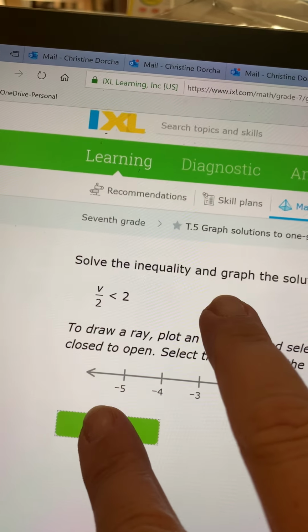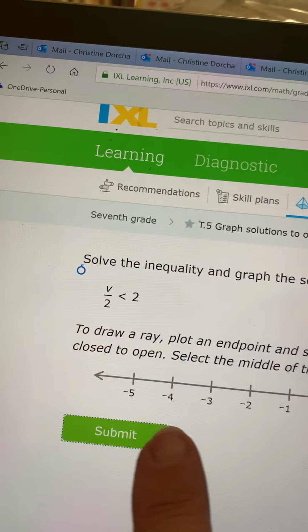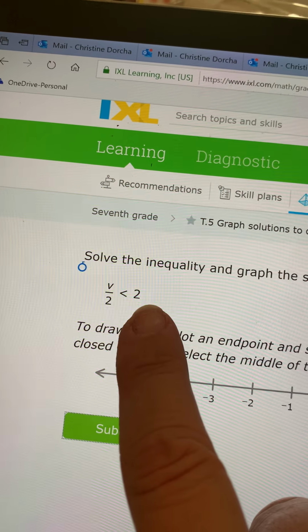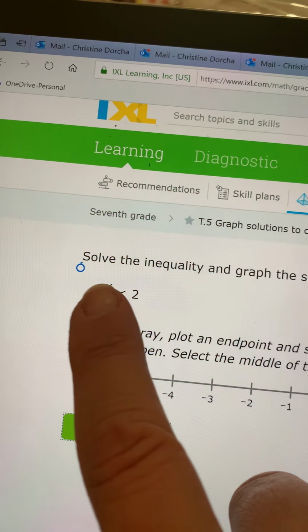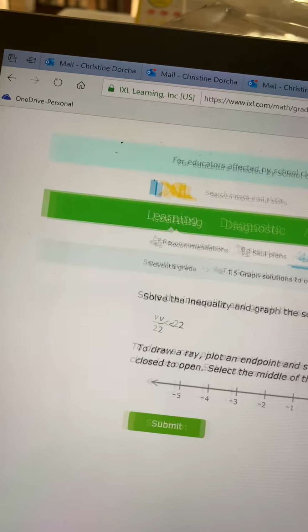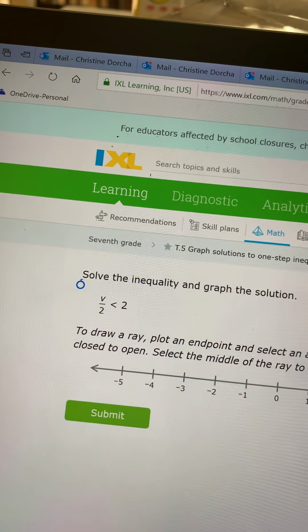Okay, so hopefully you're picking up on this. You're going to undo division with multiplication. So if you multiply this side by 2, you just get v. If you multiply this side by 2, you get 4. So all values that are less than 4. Sorry if it's not zoomed in correctly.